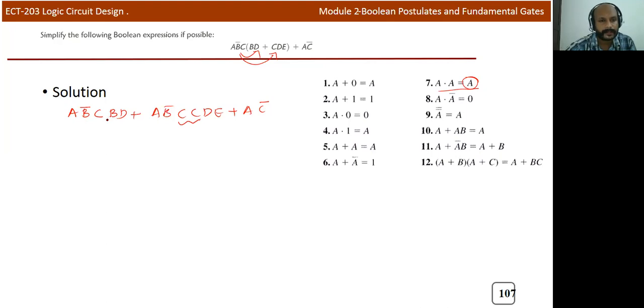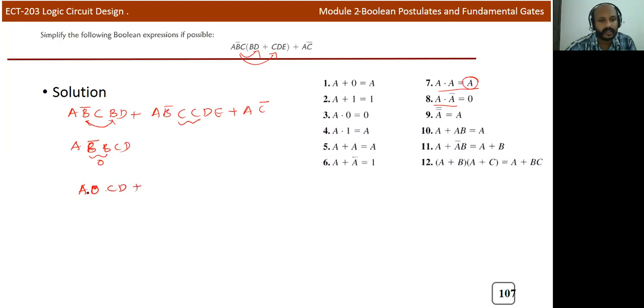Here b bar and b. So in a single term there is b bar and b, and if there is b bar and b, it means an AND operation, a into a bar, which is equal to 0. So if you group like this, b bar b c d, this term becomes 0. So the entire operation becomes 0. So you can write 0 into cd.